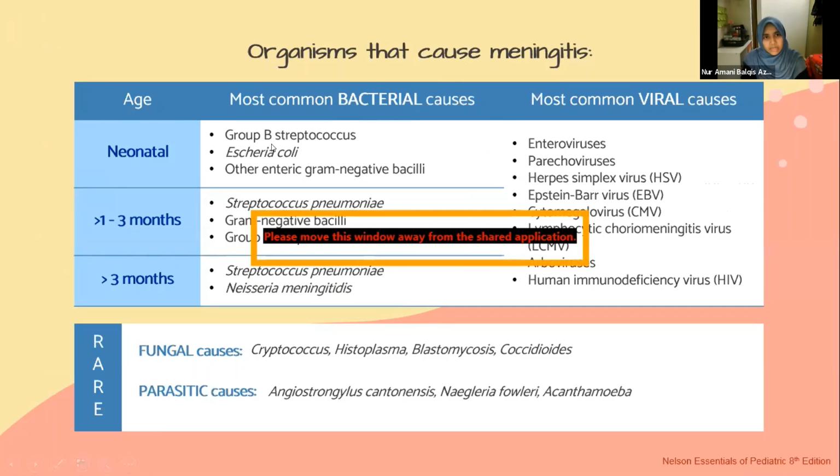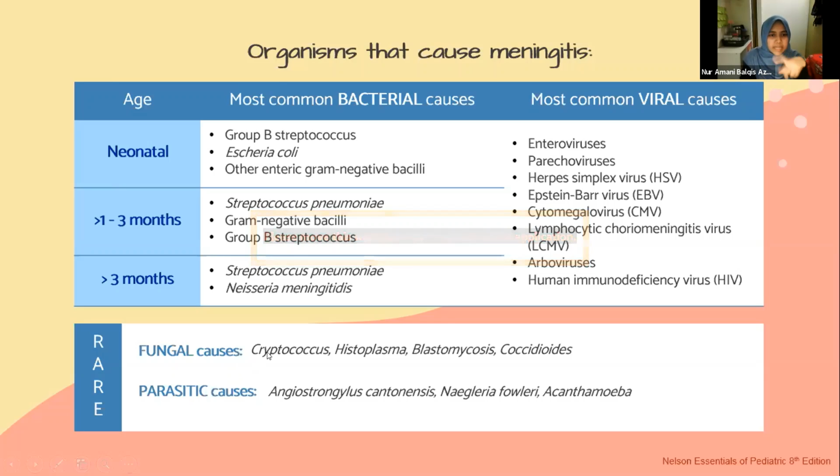For bacteria, it is different according to age group. Meanwhile, for virus, these are among the common viruses that can cause meningitis. And as I said earlier, fungal and parasitic infection rarely cause meningitis, but it can happen, especially in immunodeficient children.